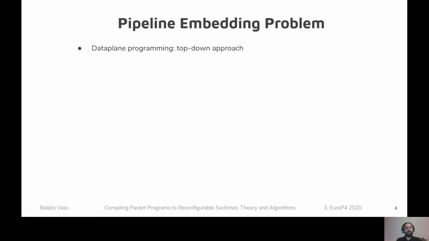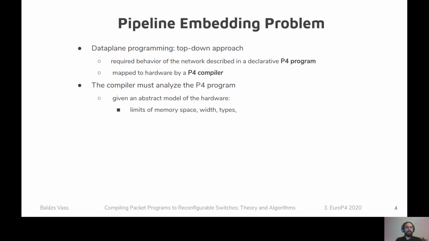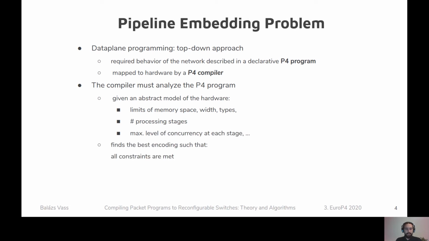Data plane programming is a top-down approach. The required behavior of the network is described in a declarative P4 program that is mapped down to the hardware by a compiler. This compiler must analyze the P4 program given an abstract model of the hardware, which includes limits of memory space, width, or types, number of processing stages, maximum level of concurrency at each stage, and so on.